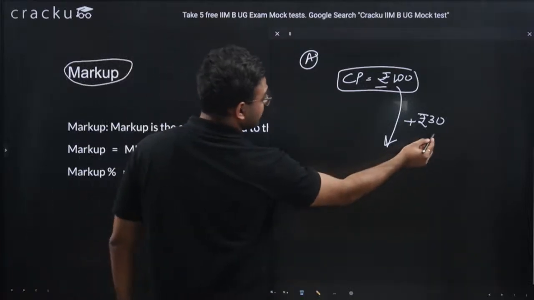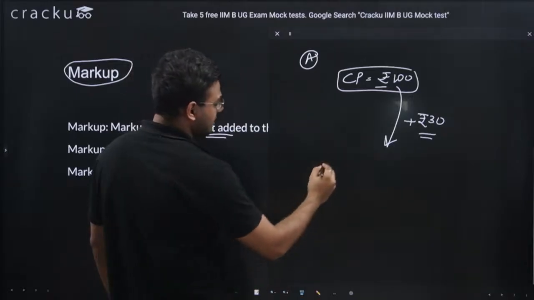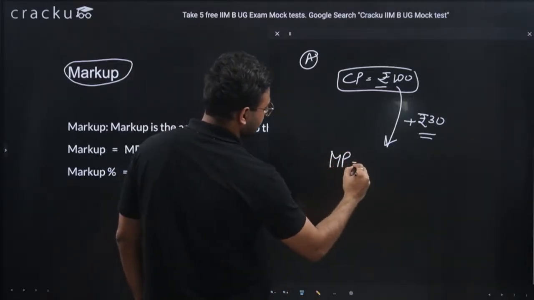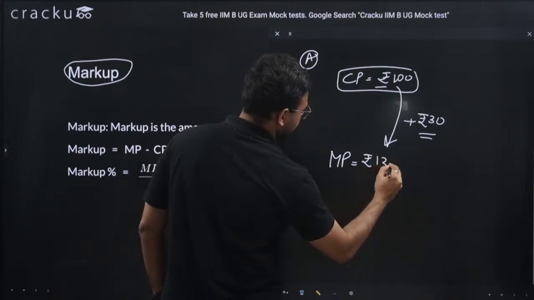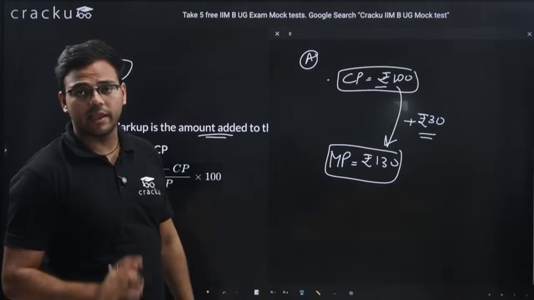So this increase in the cost price will become the mark price. Why? This is the cost price, the actual cost which was incurred.